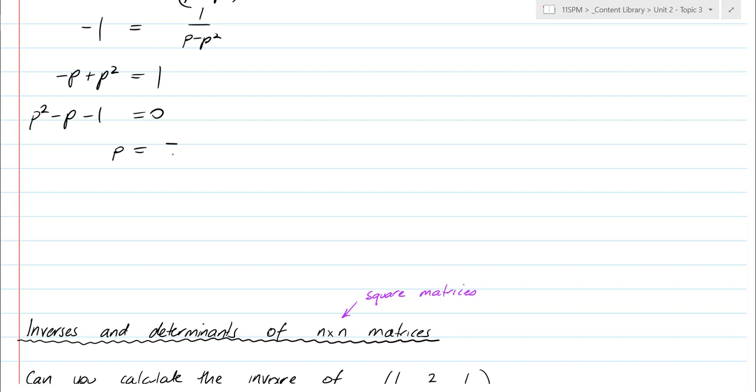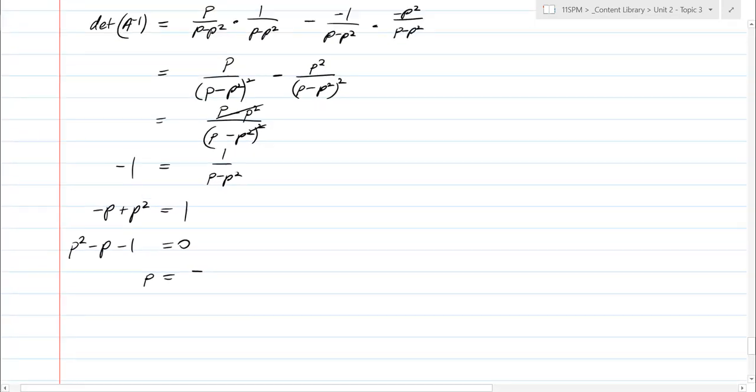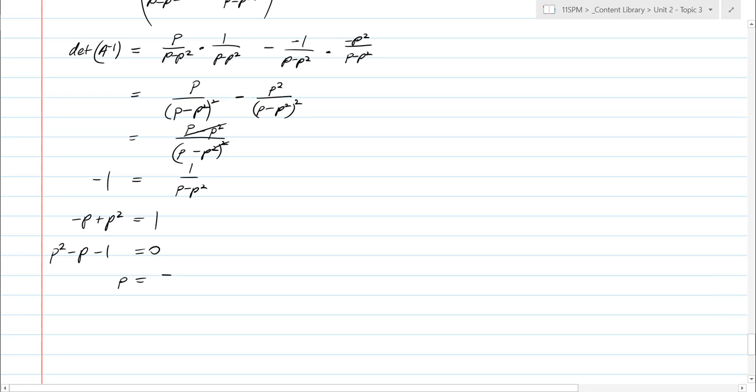Why did we do all of that when we could have just taken it into AD minus BC and then rearranged? Does that mean the determinant of A inverse is the same as the determinant of A? Yep, in this case. I don't know what you mean, James, sorry. We could have just put it as -1 equals P minus P squared to start.